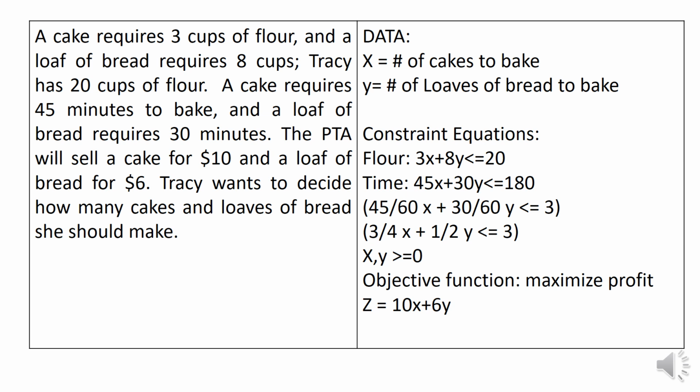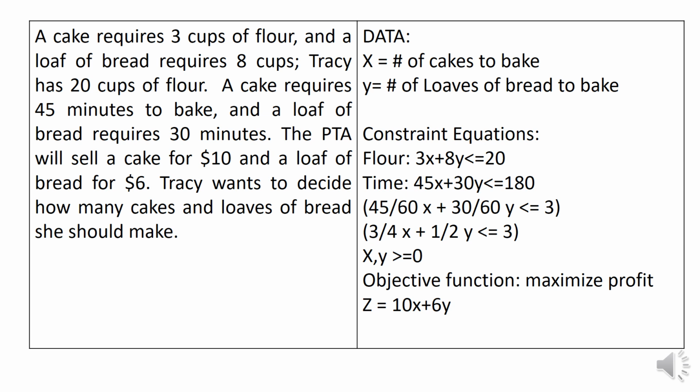If you use 3, the equation would be like this: 45 by 60 x plus 30 by 60 y less than or equal to 3. Because this 45 minutes has to be in hours, that is why it is divided by 60.